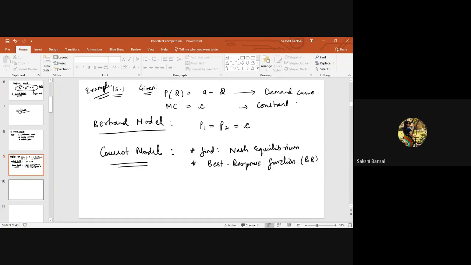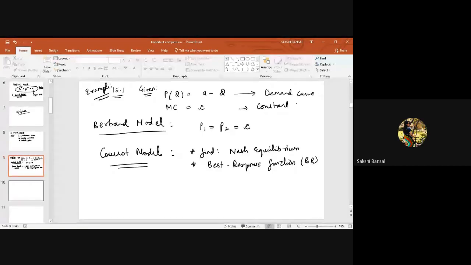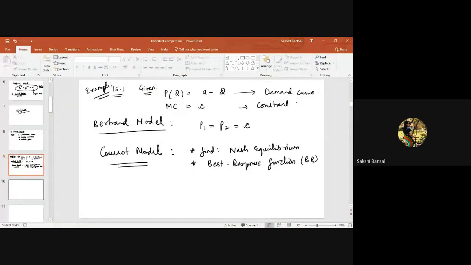The BR curve we also call it. First of all, what do you mean by best response? Do you have any idea about the best response model? What do you mean by best response?